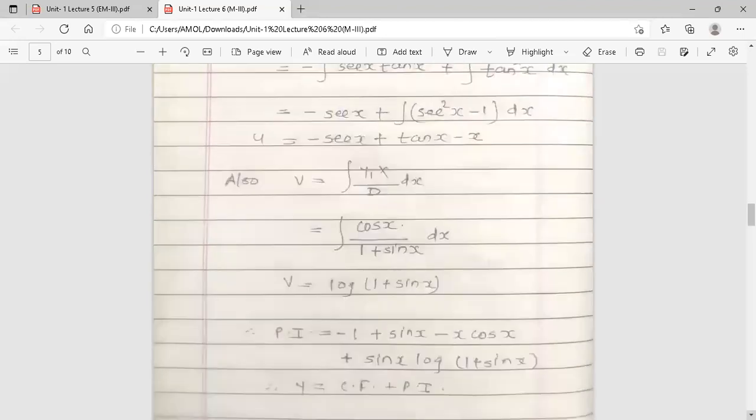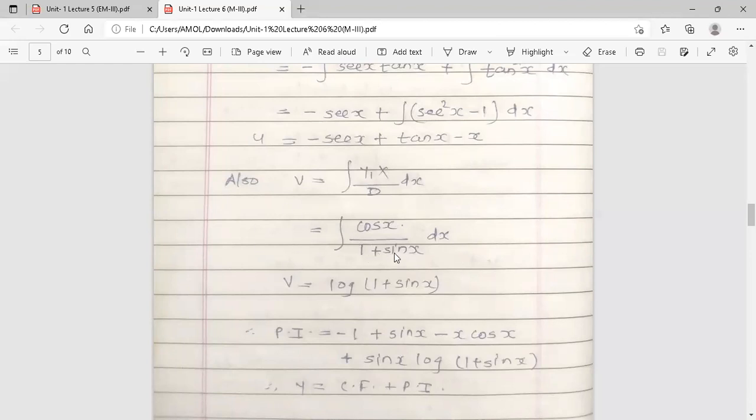Now what is v? The formula to find v is integration of y1 times X upon W dx. Now the value of y1 is cos x. The value of X, the RHS function, is 1 upon 1 plus sin x. W is 1. So 1 as it is, integration with respect to x. Now how to solve this integration?